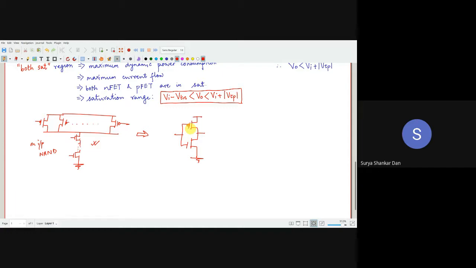However, notice, when will this NAND gate go from, let us say, 1 to 0? Can anybody tell me? For what set of inputs? When the pull down path is conducting, like all are 1. Exactly. That means when all of the inputs are 1.